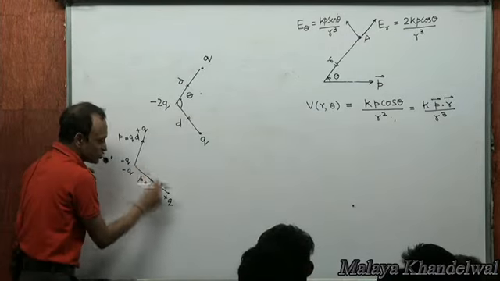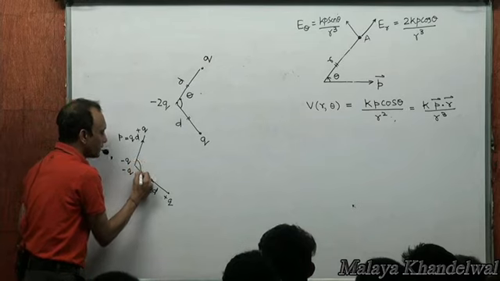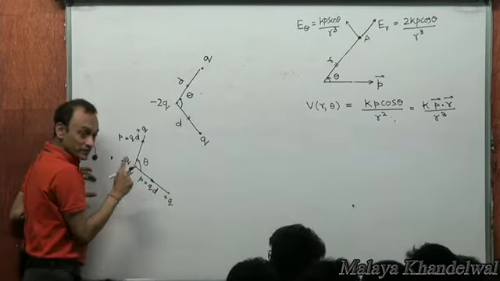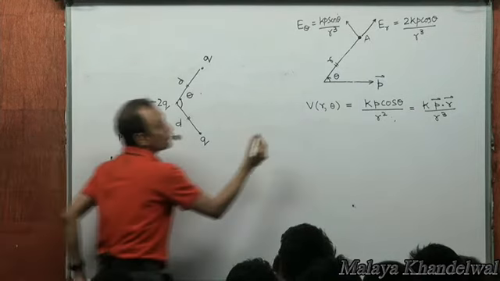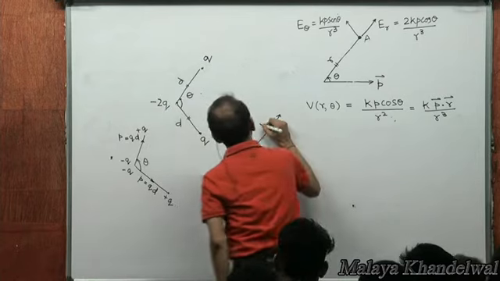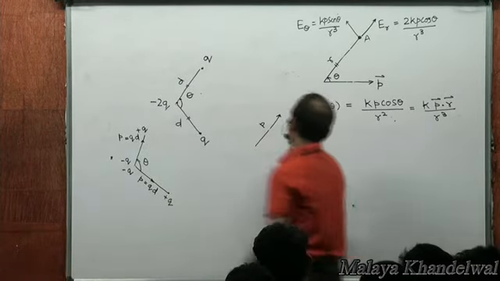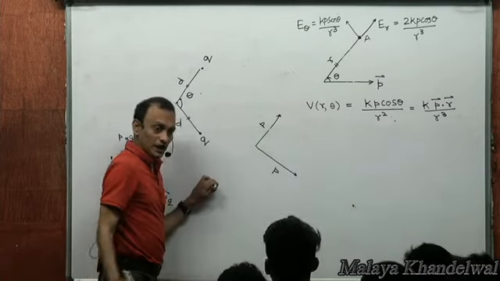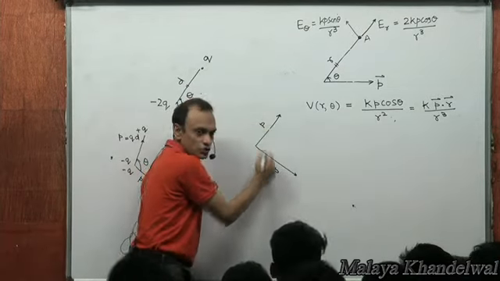It is the resultant of these two vectors qd including an angle theta. One vector p, which is one dipole moment, another vector p, another dipole moment. Resultant of these two vectors.